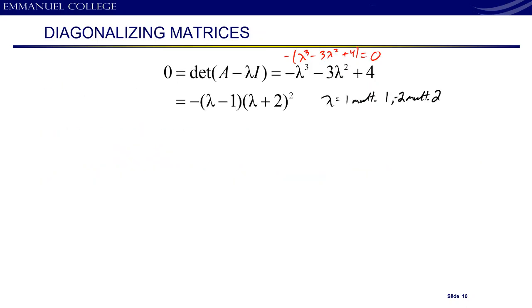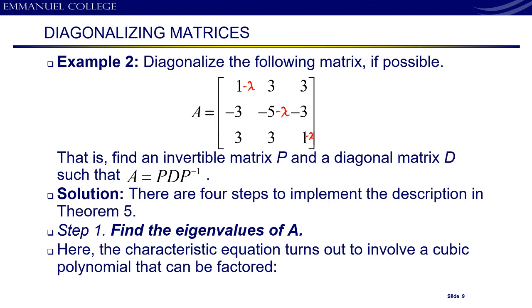So remember, let me see. It's 1 minus lambda. I have to write it down because I'm going to show you how we would find that particular eigenvector for the first one. 3, 3, 1 minus lambda.